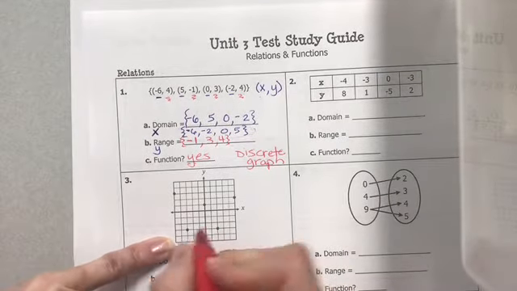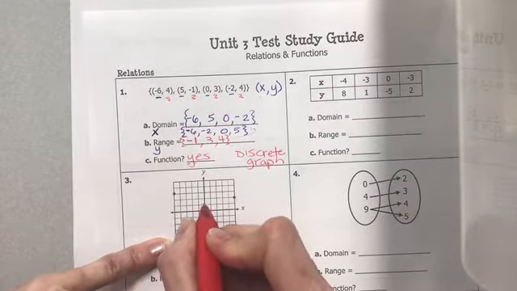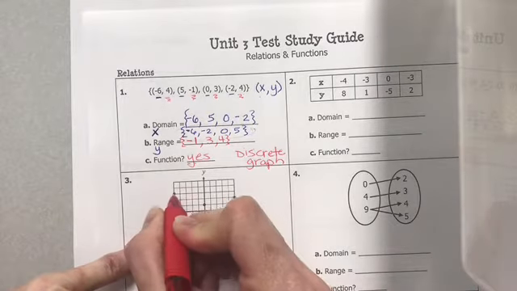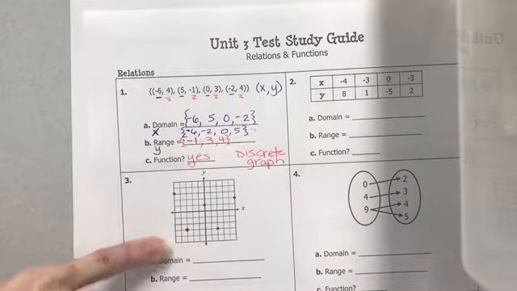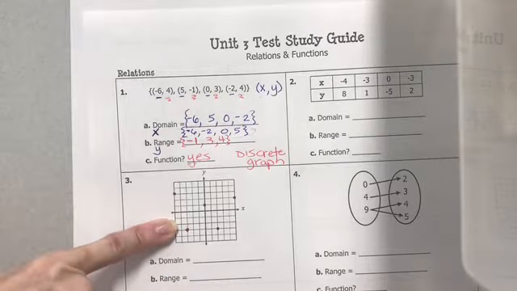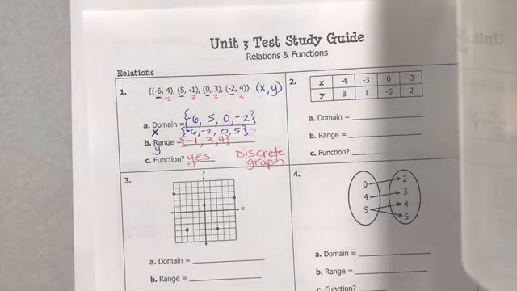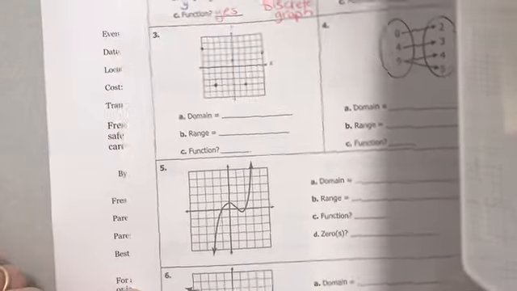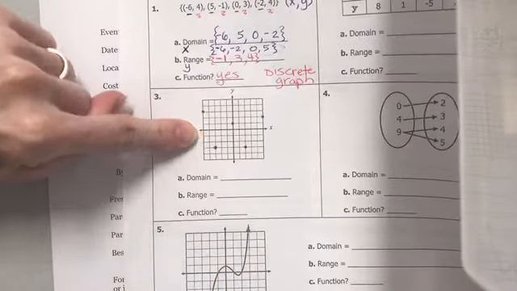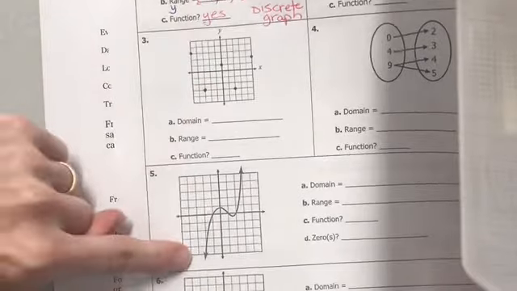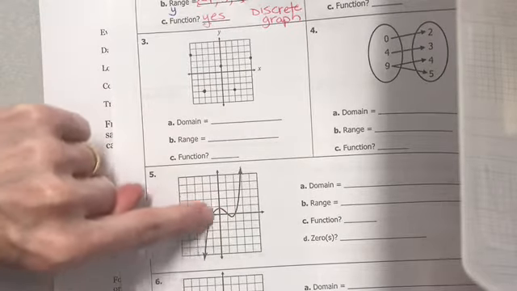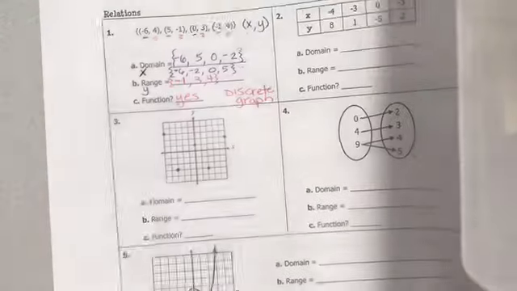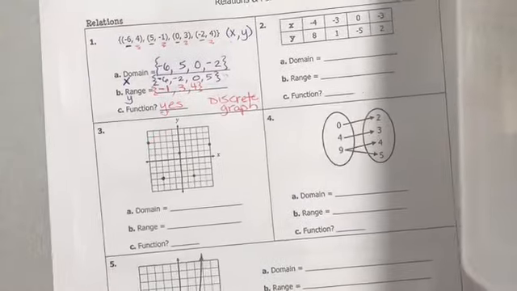On number 3, these are all just separate points, so this too is a discrete graph. A continuous graph, kind of getting off point here, is a line that connects all the points.